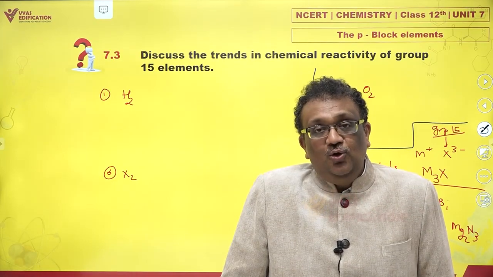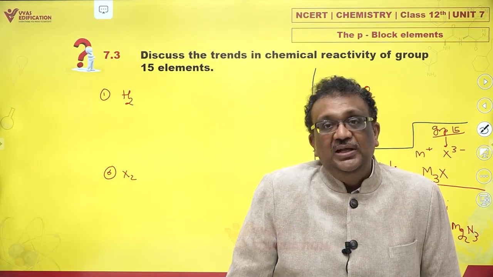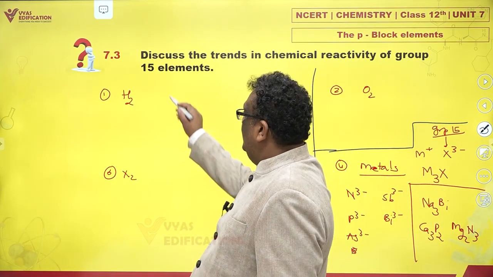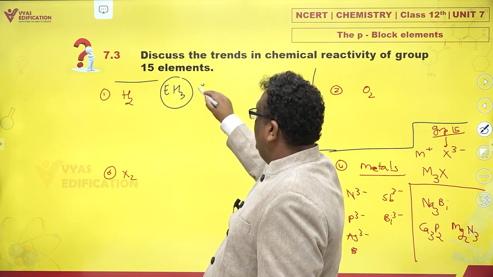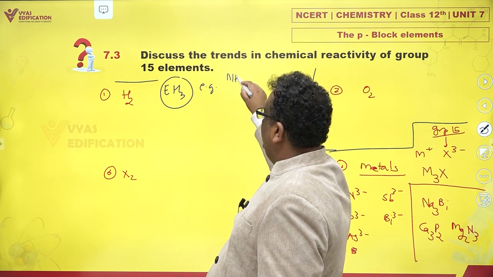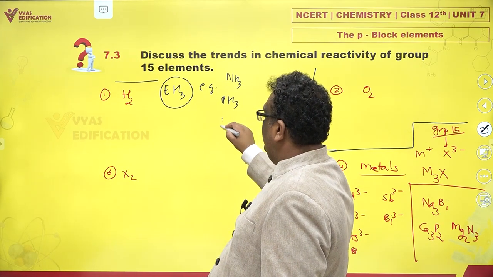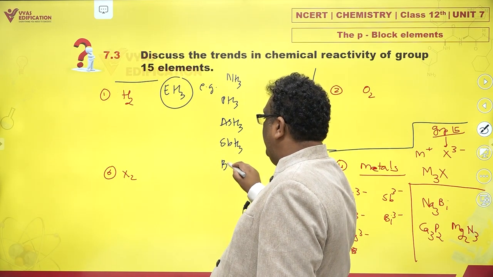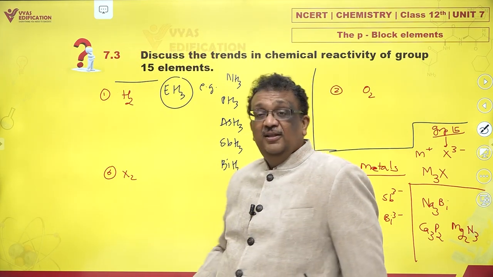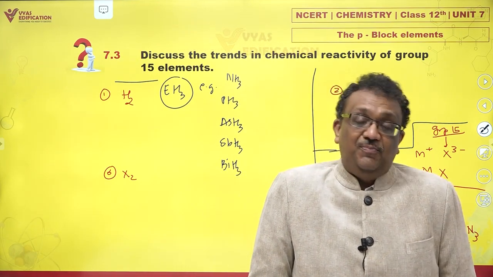They have just told you the outcome. Like with hydrogen, you get EH3. For example, nitrogen can form NH3, phosphorus can form PH3, arsenic can form AsH3, SbH3 and BiH3. They mention that these hydrides are possible.